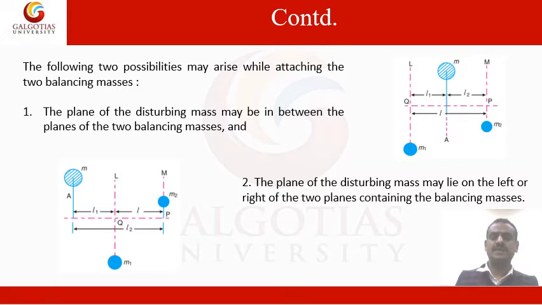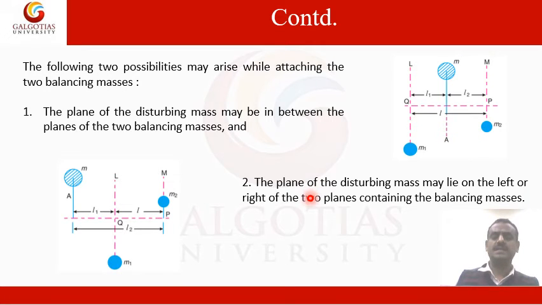And the second one is that the plane of the disturbing mass may lie on the left or right of the two planes containing the balancing masses. For example, in case 1, this mass m, the hatched portion, is a disturbing mass which lies in between the two balancing masses, m1 and m2. So this is one way of arranging the balancing masses, kept on either side of the disturbing mass.